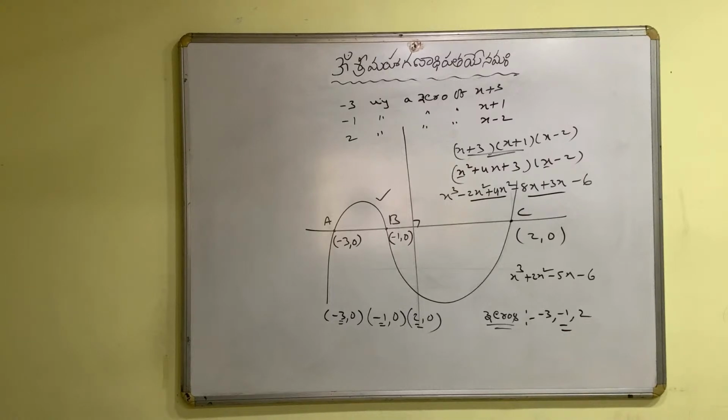x square plus x cube plus 2x square minus 5x minus 6, correct.